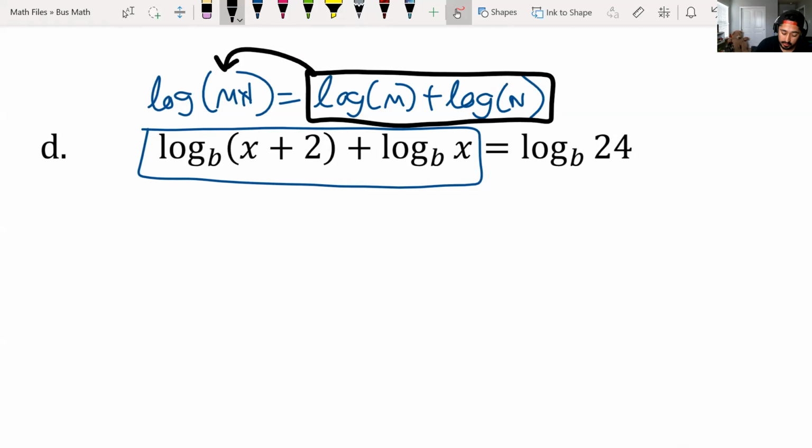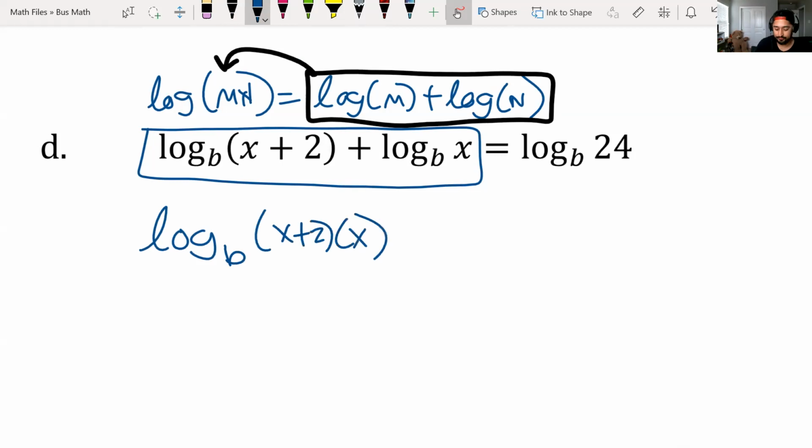So all of this, log base b of x plus 2 plus log base b of x, if I work it backwards, I get log base b of x plus 2 times x. Still equal to log base b of 24.